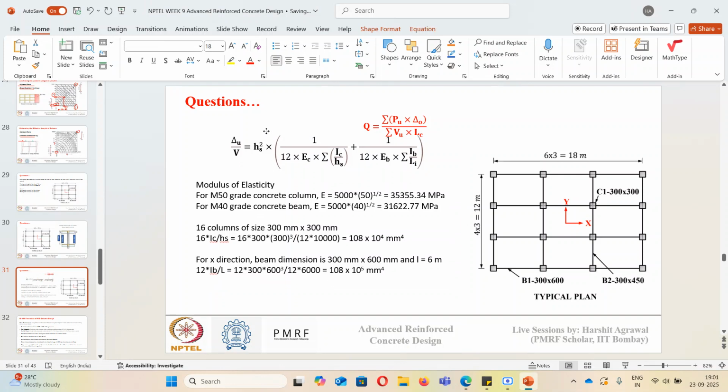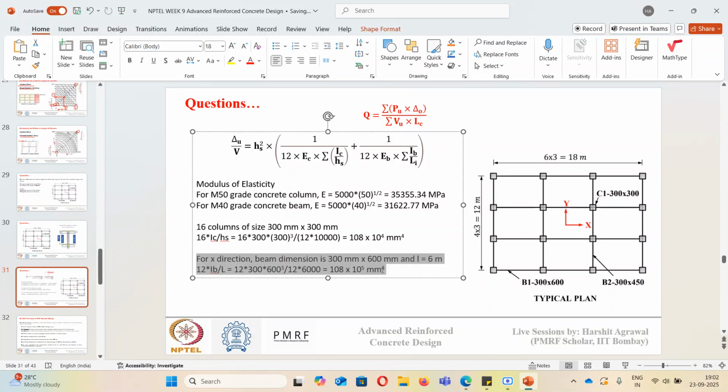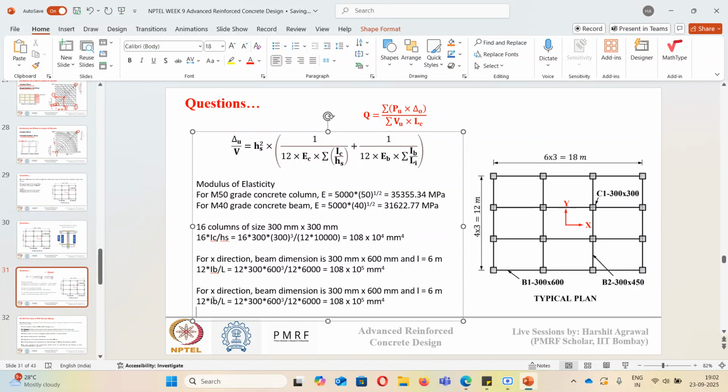Similarly, let's calculate the moment of inertia of beam in y direction. I will just copy this segment and paste it again. So in y direction, what will change? The dimension of the beam is changing. In y direction, the beam dimension is 300 cross 450.